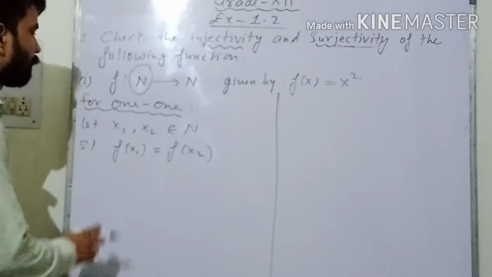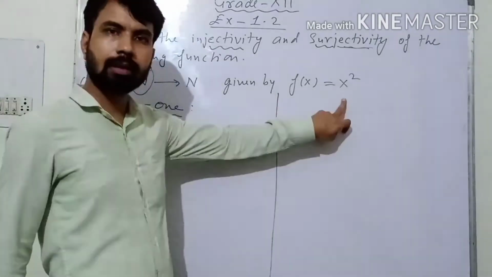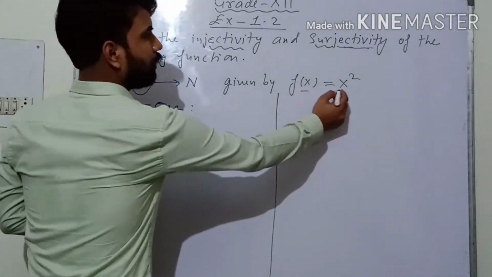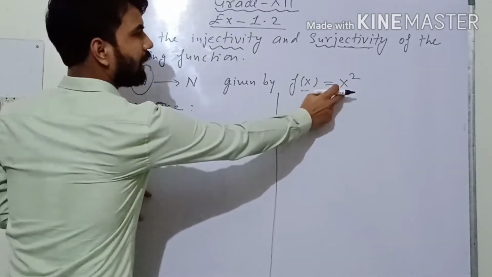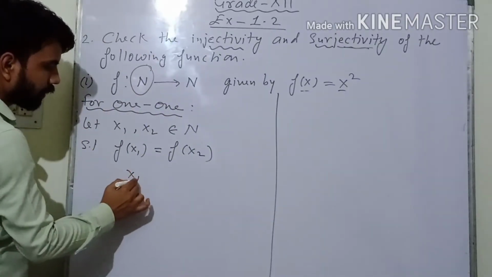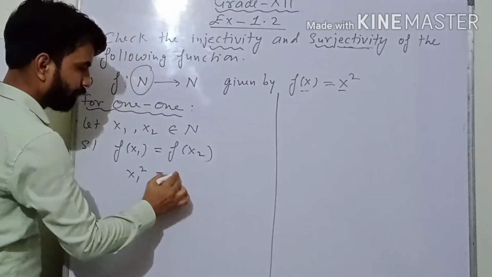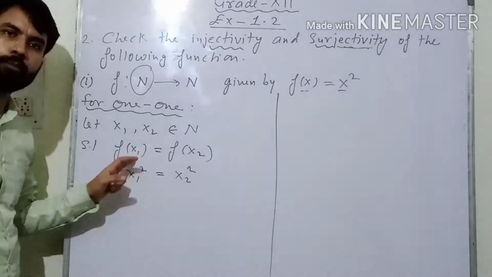Now f(x1) equals f(x2), but given that f(x) equals x square. If I take x1 in place of x, we get x1 square, and for f(x2) we get x2 square. Now we remove the square from both sides.